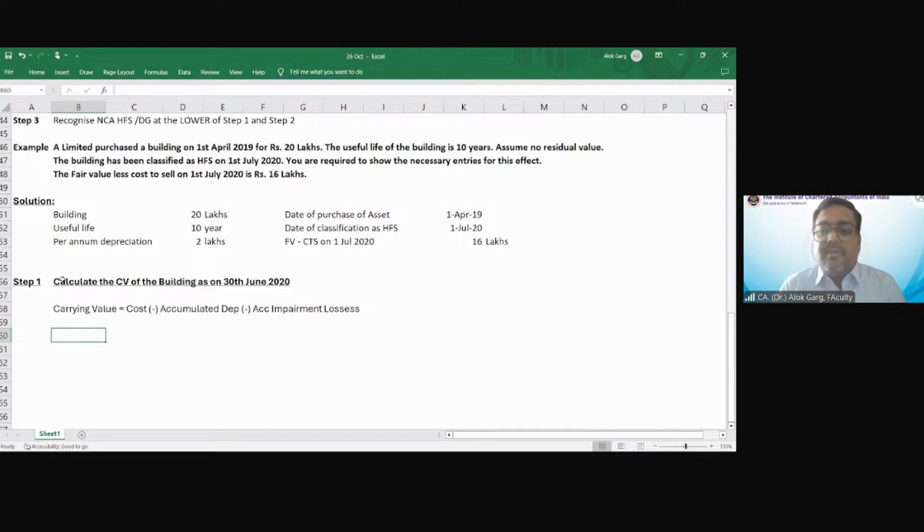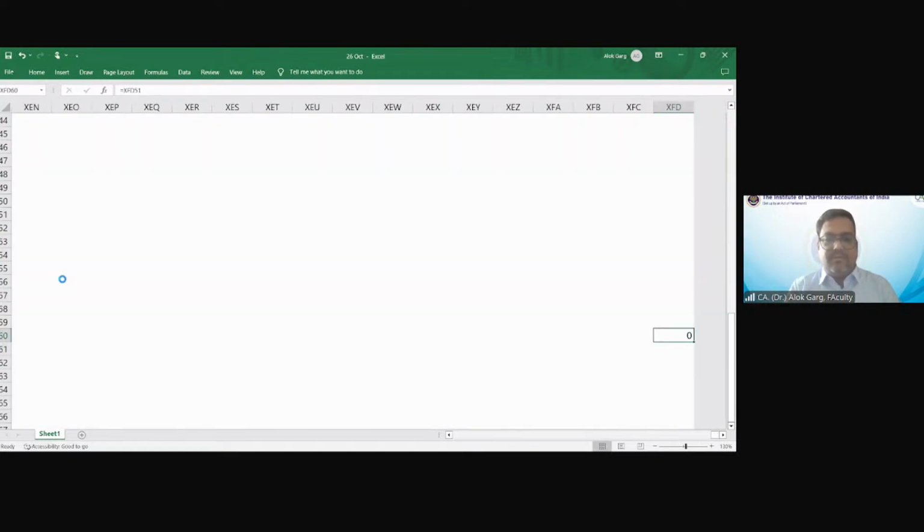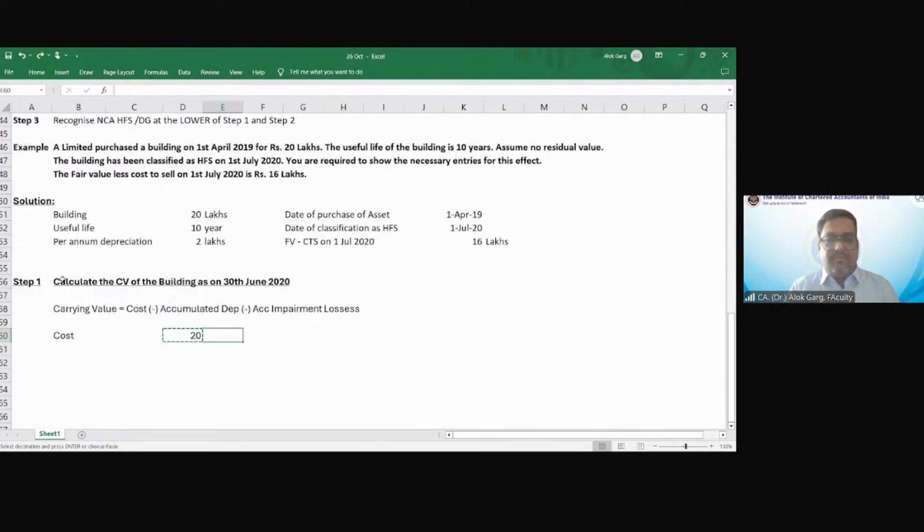So what is my cost? Cost is 20 lakhs. Less accumulated depreciation.